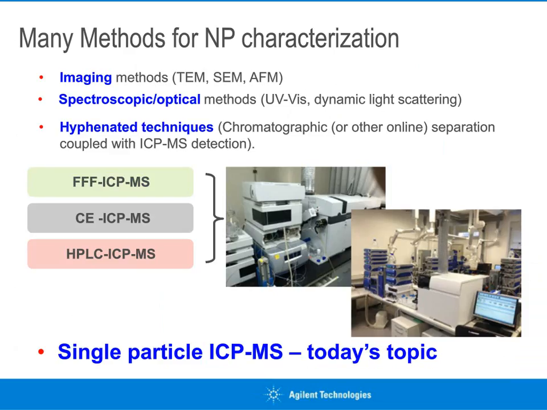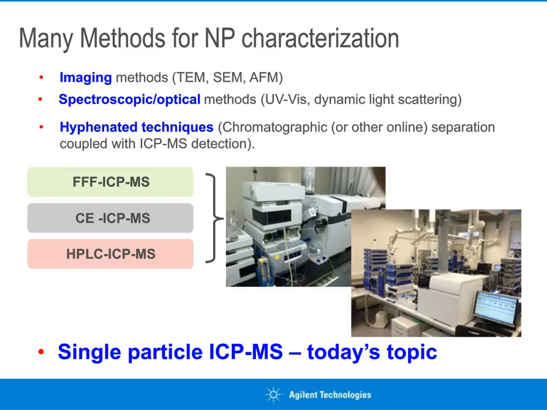So there have been a number of methods over the years for nanoparticle characterization, ranging from imaging methods like transmission or scanning electron microscopy or atomic force microscopy. There are spectroscopic or optical methods, including UV vis and dynamic light scattering. There are hyphenated techniques where a chromatographic or other online separation system is coupled with a detector, typically ICP-MS.